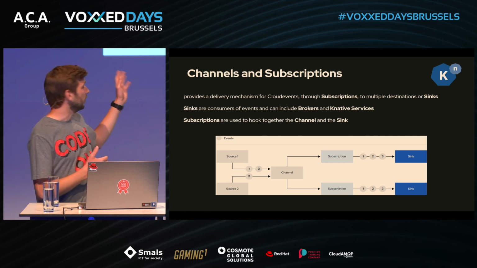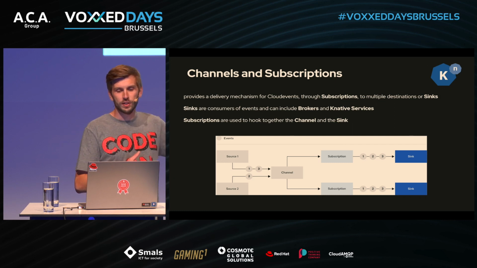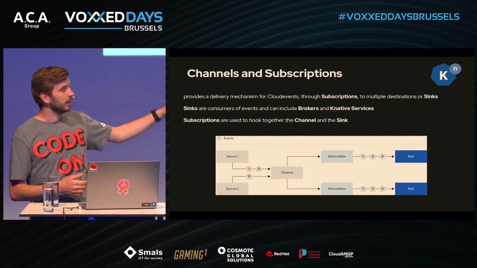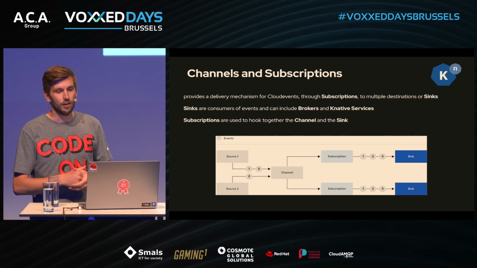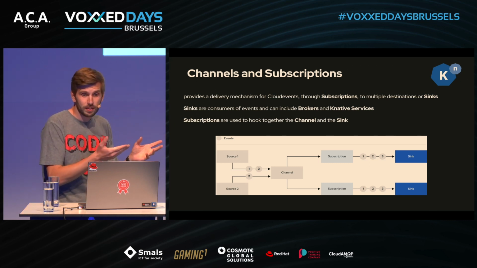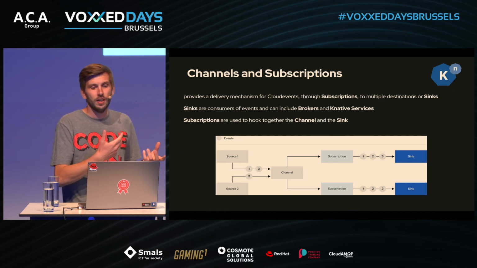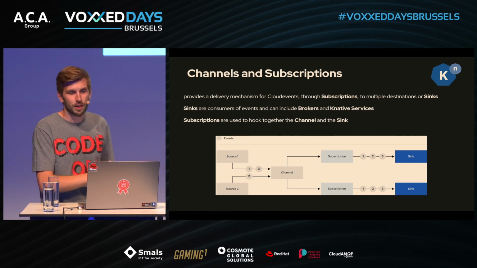So in this case, you see two sources, source one and source two. They're generating events, and both sinks are getting all those events. So if you only need part of those events, either you need to create dedicated channels or you would need to filter them out yourself.